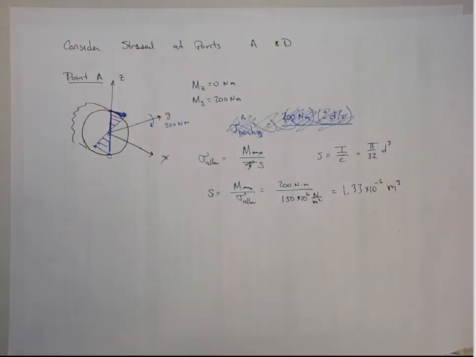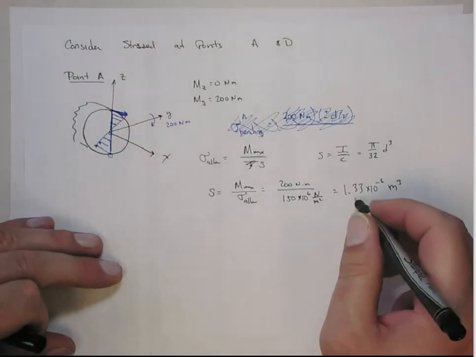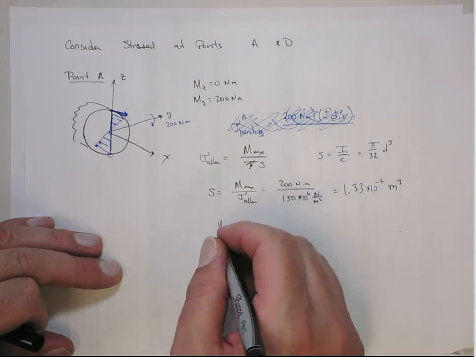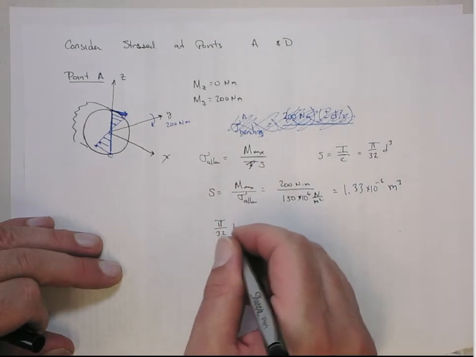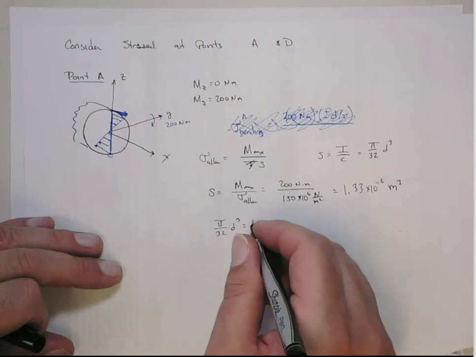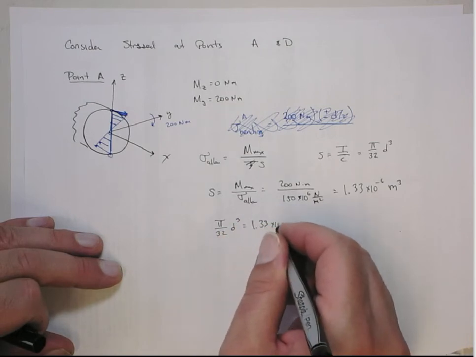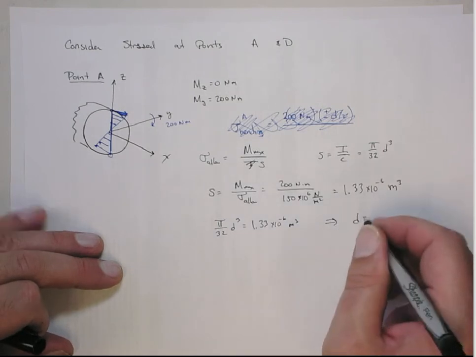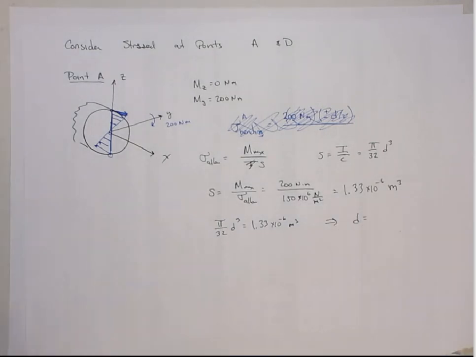So if we were just considering point A, to support the bending moments at point A, the diameter would have to be such that S equals this. Or in other words, pi on 32, the diameter cubed, has to equal 1.33 times 10 to the minus 6th meters cubed. Let's multiply this by 32, divide by pi, and then take the cube root of this.